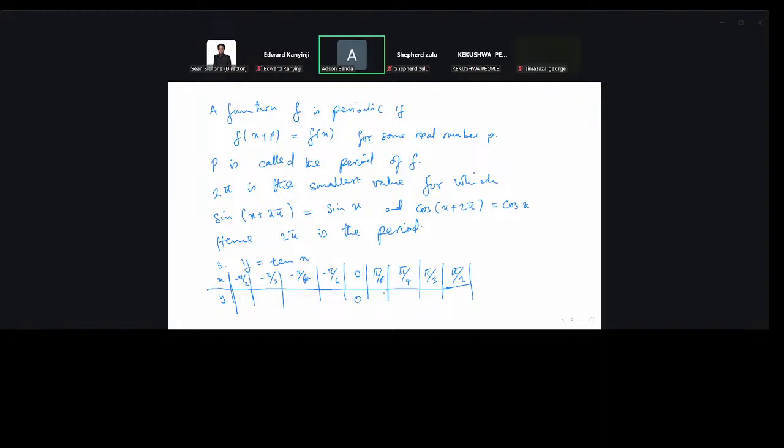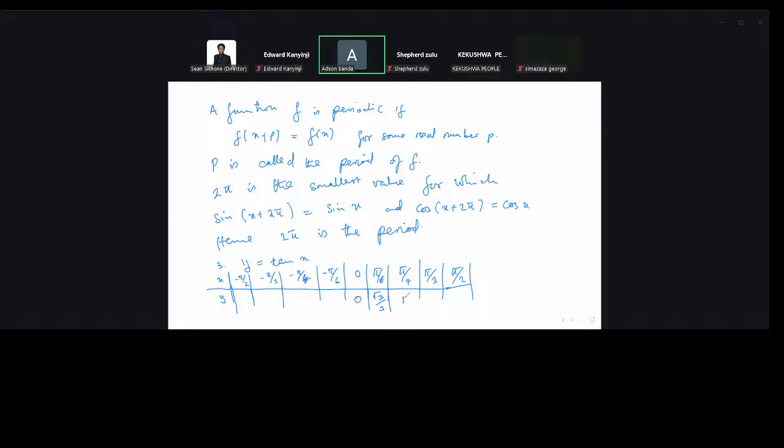Next, the tangent of pi by 6. Okay, so we'll write it as root 3 over 3. And then the tangent of 45 degrees is 1, or rather, next we have the tangent of pi by 3.